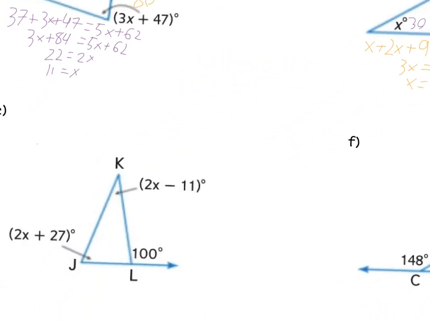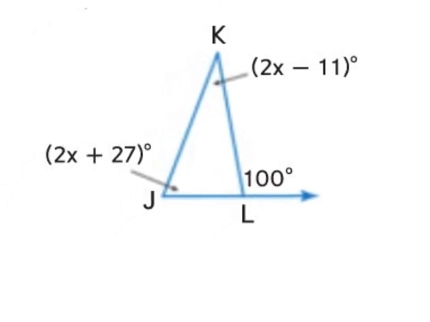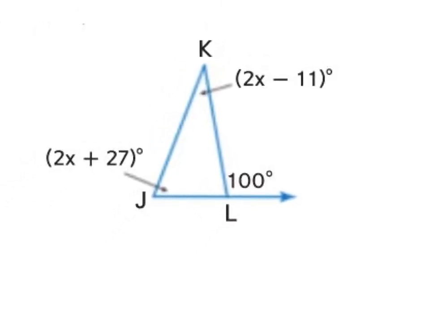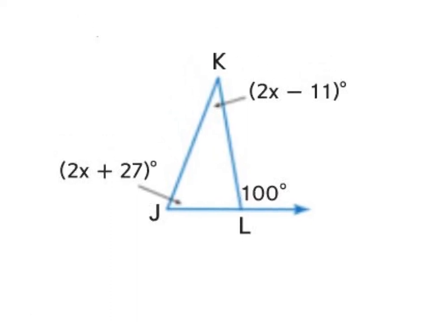E. Well, while this number and this number are written outside the triangle, these arrows are pointing to inside the triangle. So we have this angle, and we have this angle, we have this outside angle. So we're going to use our exterior angle rule. We're going to set this up such that we have 2x minus 11 plus 2x plus 27 must be equal to 100.